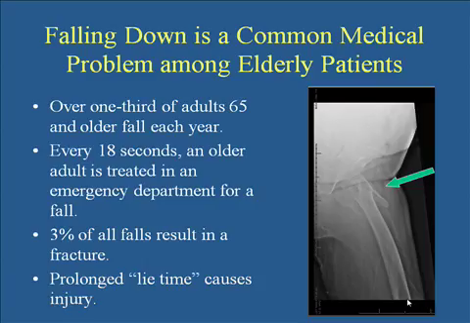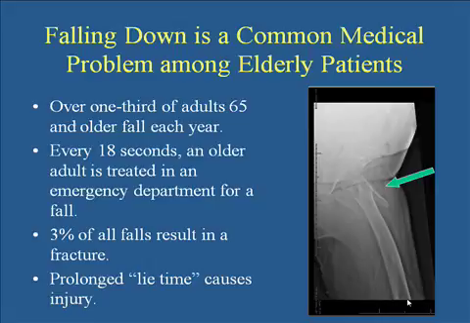To help you understand the impact of falls, I want to share with you some of the epidemiology. Falling down is a common medical problem among elderly patients. Over a third of all of the people over age 65 will fall each year. That translates into an older adult being treated in the emergency department for a fall or fall-related injury every 18 seconds. 3% of all falls result in a fracture.